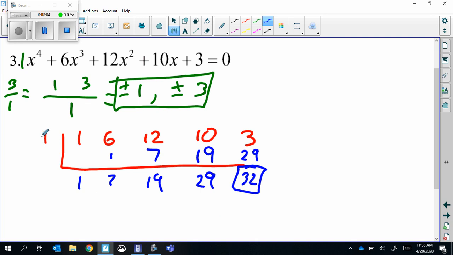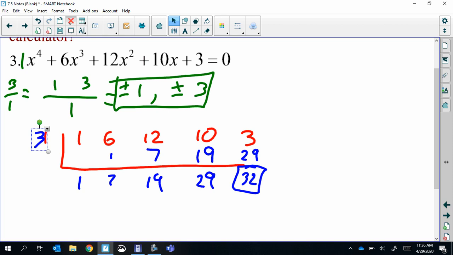Same thing then with, we're going to save some time. We're not going to do positive 3 either, because we're only going to get larger numbers. The numbers just get bigger and bigger. When we did 1, we ended up with 32. I imagine we're going to end up with something in the hundreds if we do synthetic division with 3 there. So let's skip over trying positive 3, and let's move on to the negatives.